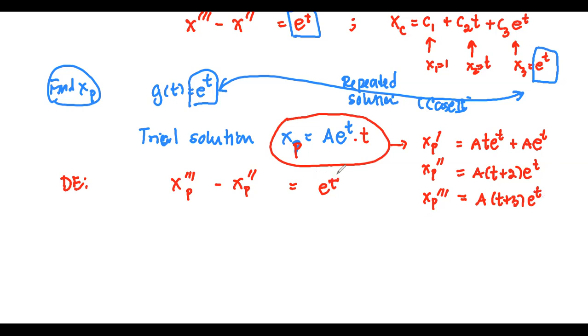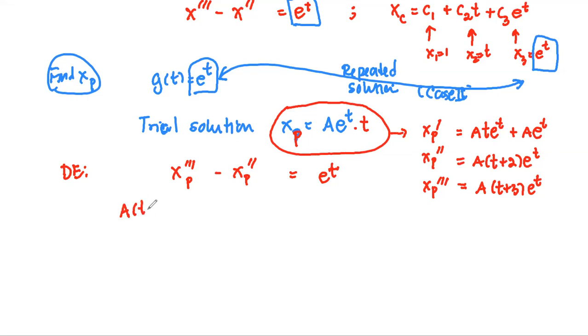And then we replace xp double prime and triple prime into the differential equation, and then use the method of undetermined coefficients. So xp triple prime, which is a times t plus 3 times e to the power t, minus the double prime, or a times t plus 2 e to the power t, equals e to the power t on the right hand side.